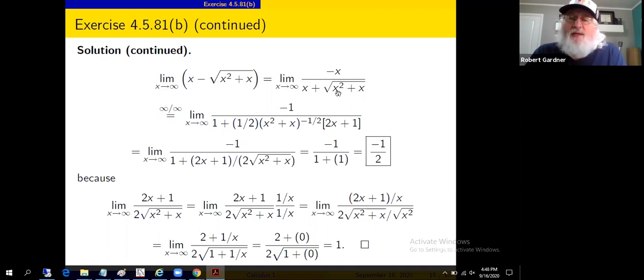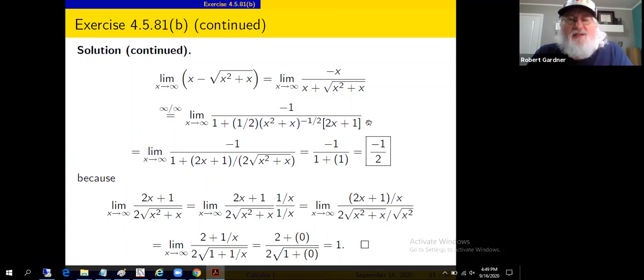Let's write this as x squared plus x to the 1/2 power. Okay, that'll require us to bring the exponent of 1/2 down, subtract 1 from the exponent. The chain rule's been used here. Don't quite have room for the little arrow, but it's a chain rule that's been used there. Derivative of the stuff inside, the x squared plus x, has its derivative, 2x plus 1.